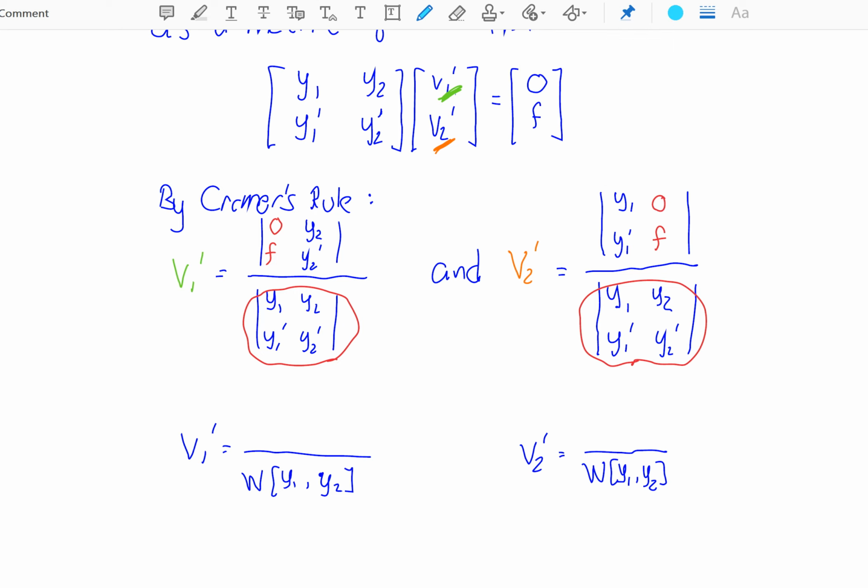Because this is a 2 by 2 determinant, you use the product of your main diagonal. 0 times y2 is 0, minus the product of your off diagonal, which gives you a negative y2 times your forcing function.